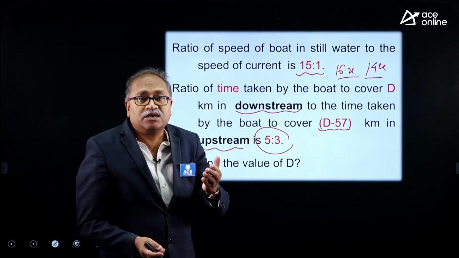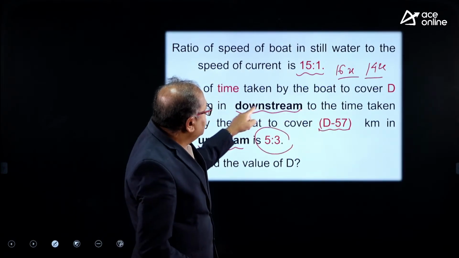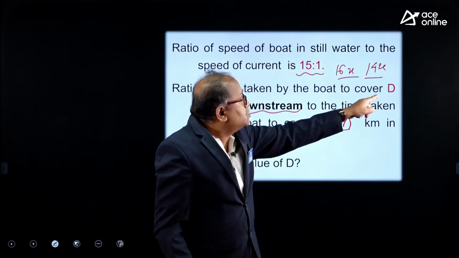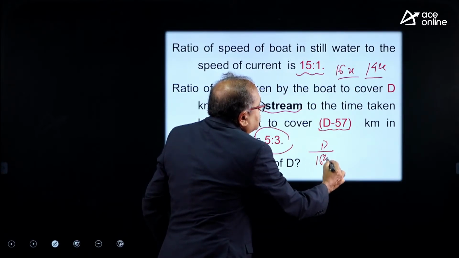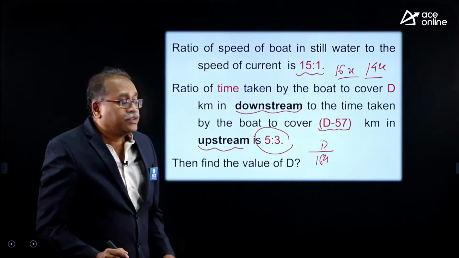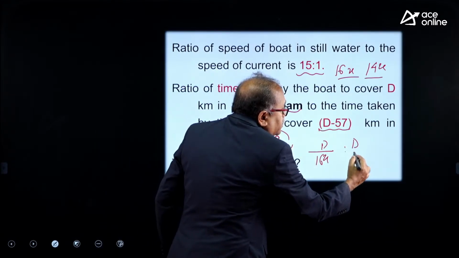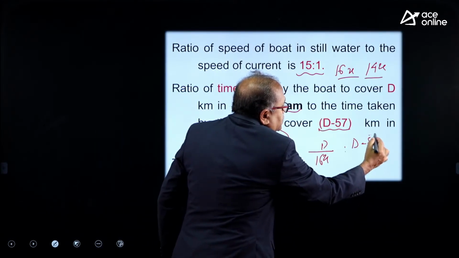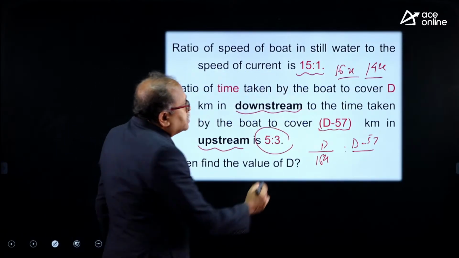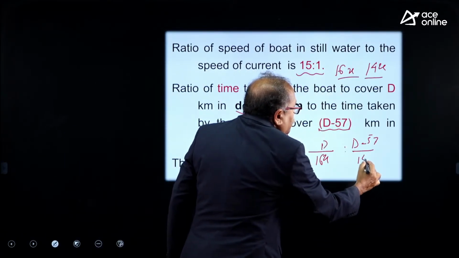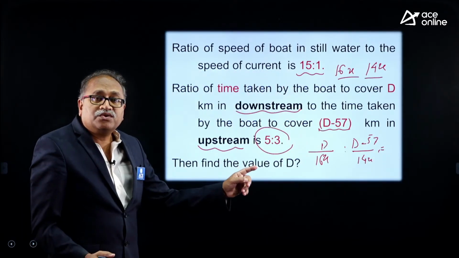Time is nothing but distance by speed. So, I can see that this is downstream and the distance is d. So, d by 16x, that is downstream, this is the time, and what is the other one? d minus 57 by, in this case it is upstream, that is 15 minus 1, 14x, which is equal to the time ratio.